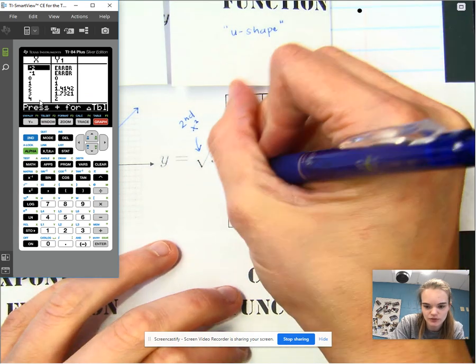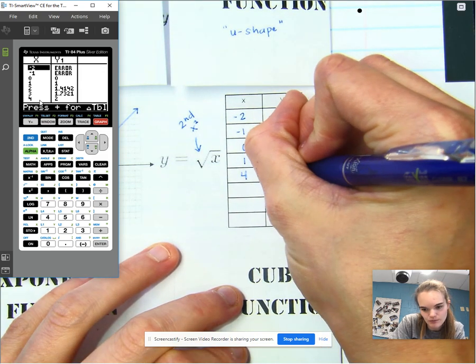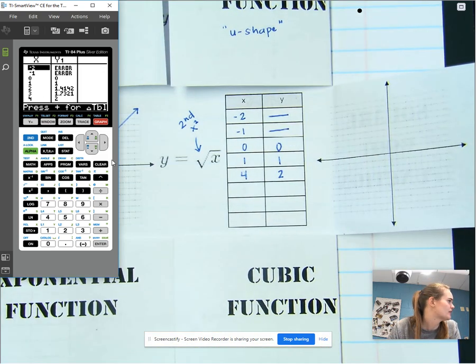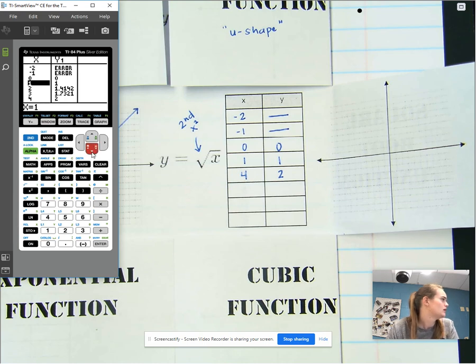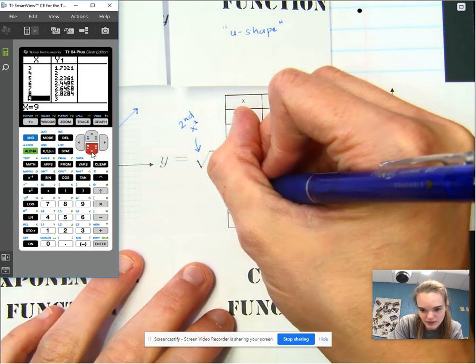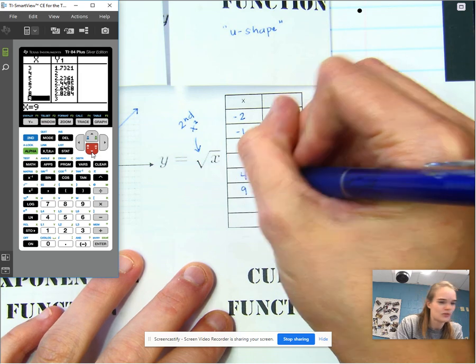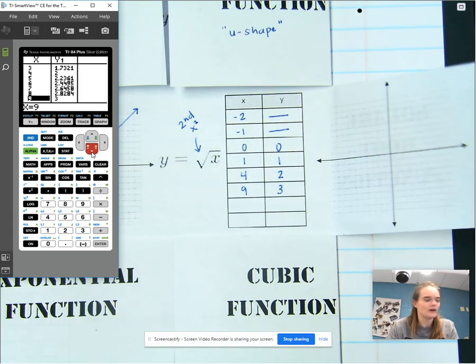4, let's graph that one. 4, 2. Okay, let's go down until we find another good whole number. Not 5, not 6, or 7, or 8, 9. Let's graph 9. 9, 3. Okay, let's keep going.